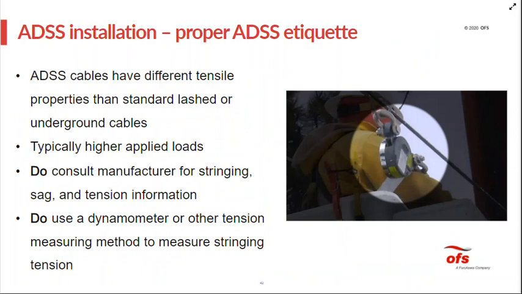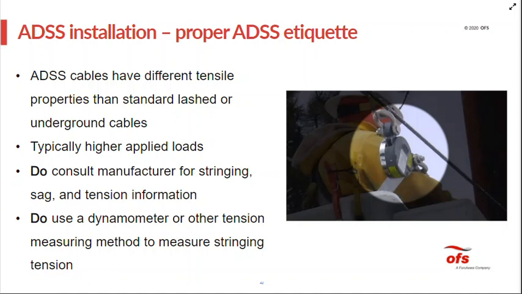So they typically have higher applied loads, and you very much would want to consult your manufacturer for stringing, sag, and tension information. A lot of times manufacturers will provide sag and tension documents that relate the sag of the cable for a certain span to the tension, and also how that looks with different loading conditions.